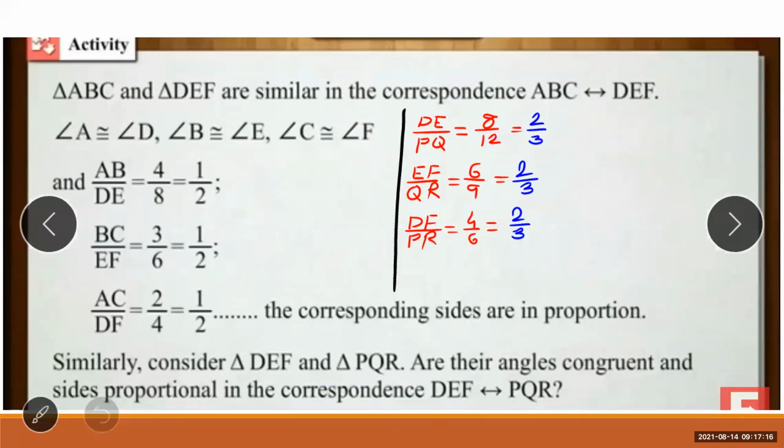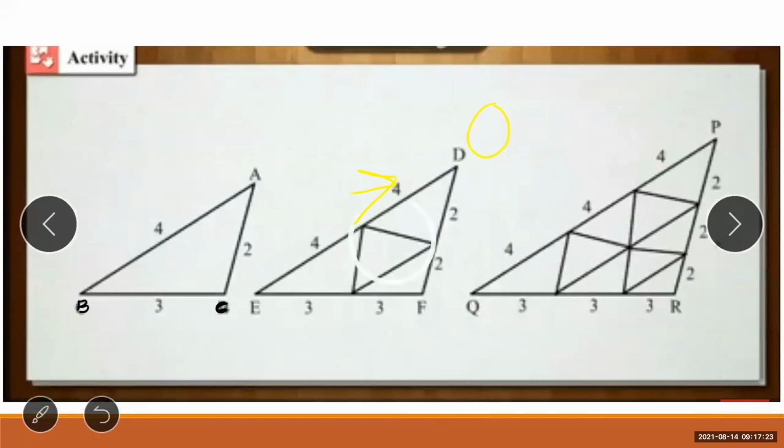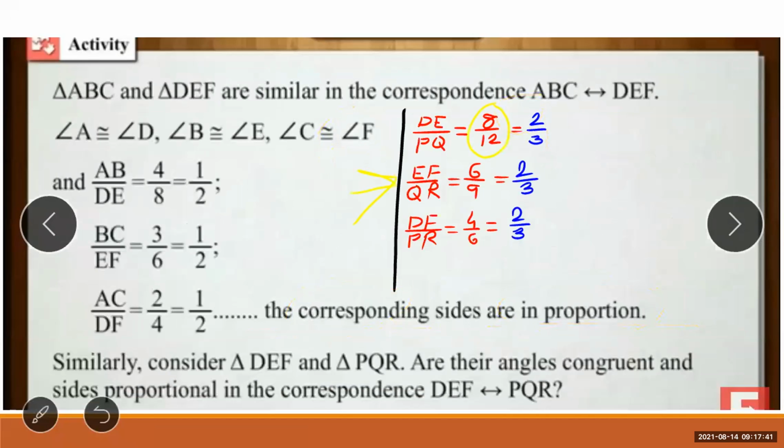Now EF by QR. EF is 3 plus 3, 6, and QR means 3 plus 3 plus 3, that is 9. So 6 by 9. See the ratio, 6 by 9.